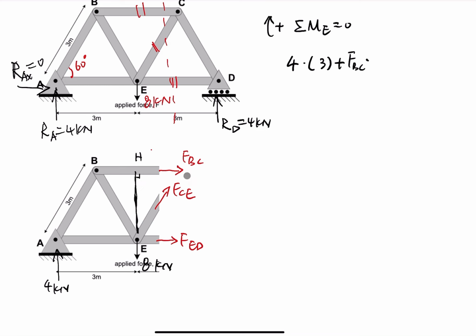We know BE is 3 meters, and BH is 1.5 meters, because all these angles are 60 degrees. So BE is 3 meters, EC is 3 meters, BC is 3 meters, so EH is going to the midpoint of BC.